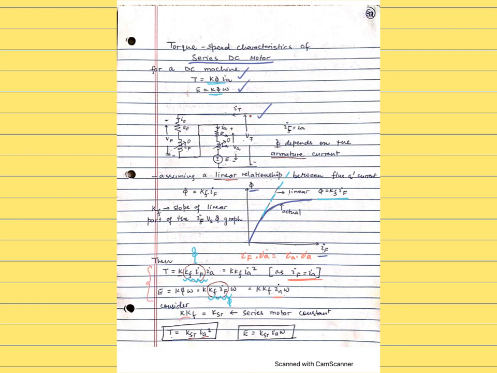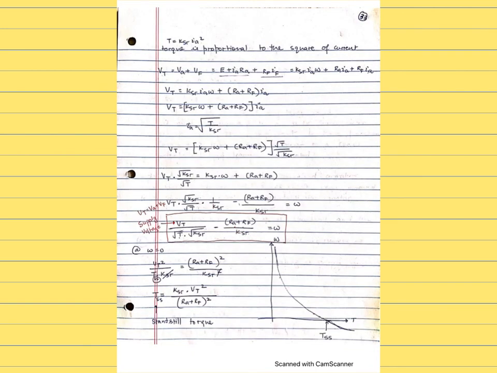We're going to define this combined constant, K times KF, as the series motor constant, KSR. So SR is for the series motor. The updated equations for the series DC motor: torque is KSR IA square. EMF, or the induced voltage in the armature, is KSR IA omega.